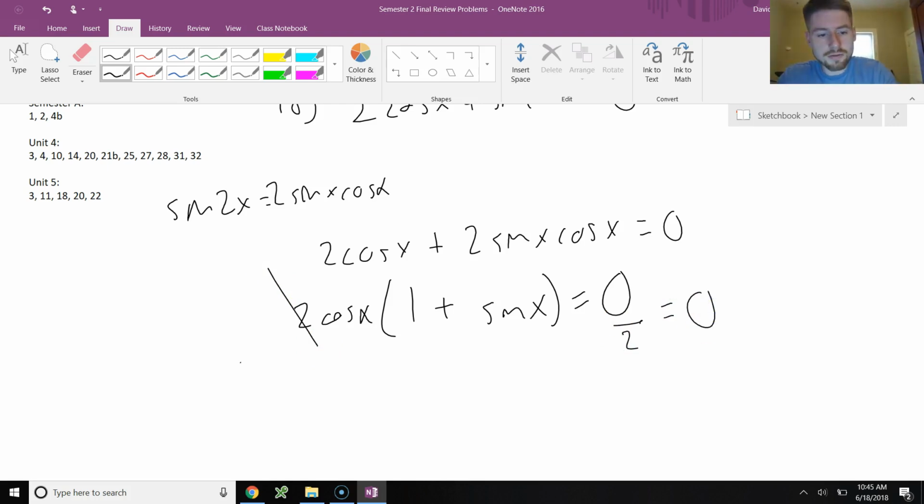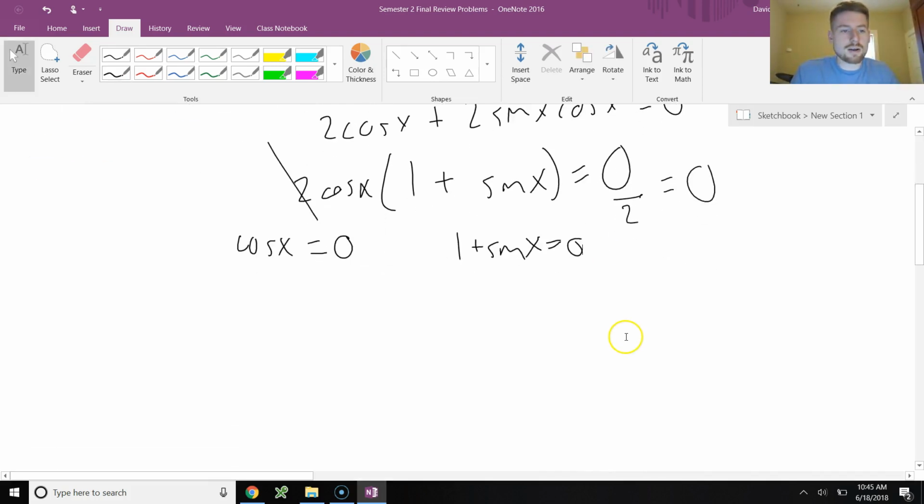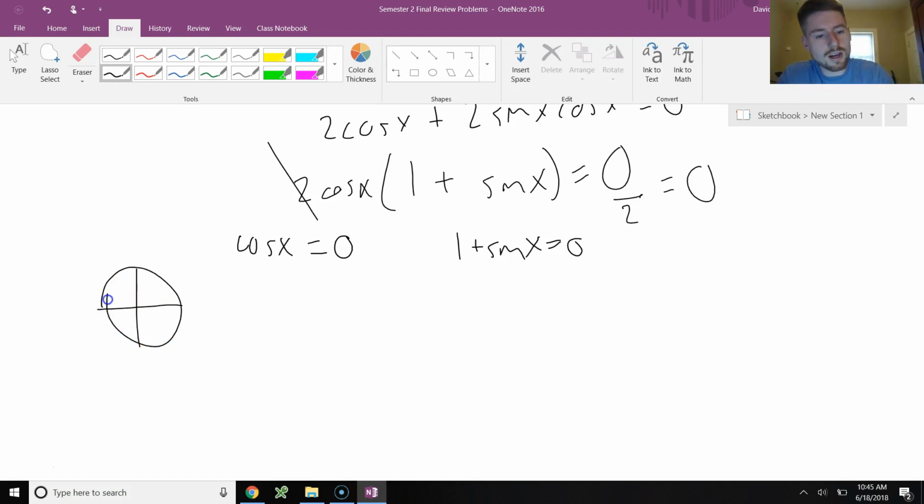And so now we have, when is cosine x equal to 0? And when is 1 plus sine x equal to 0? Those are the two equations that we need to solve, and that will give us all the values of x that make this equation true. The first one is at the top and the bottom of the unit circle. So this is x equals pi over 2 plus any multiple of pi.